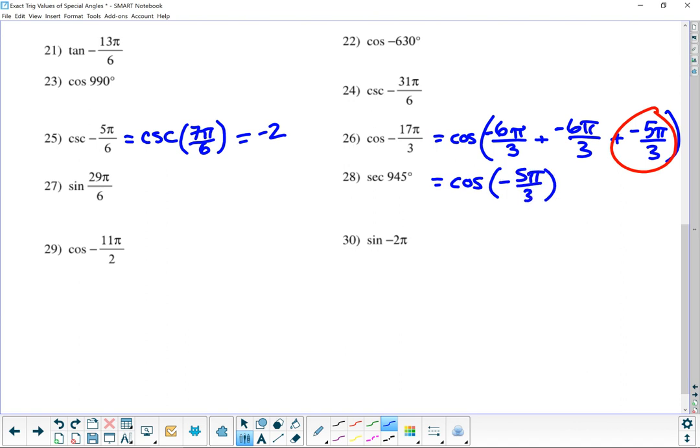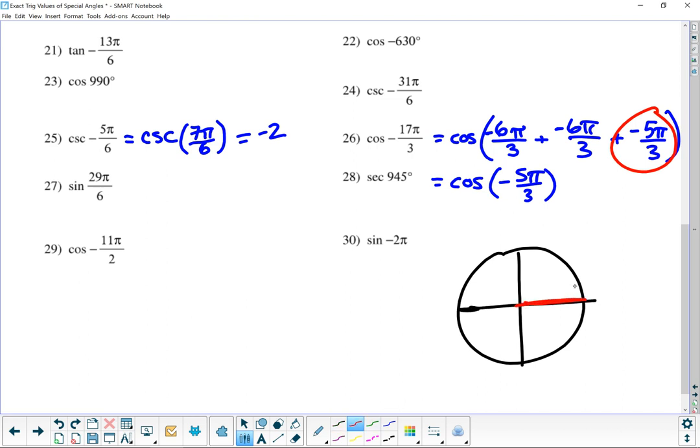If you look at 5 pi over 3 on your unit circle, you do see that it's about 300 degrees. But we're doing negative 5 pi over 3. So again, unit circle, start here.